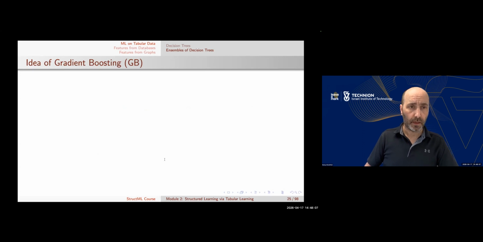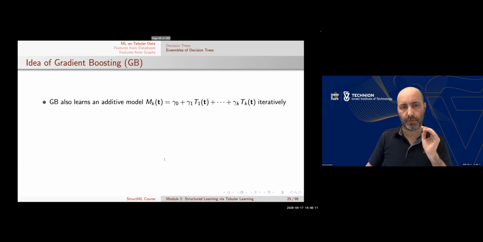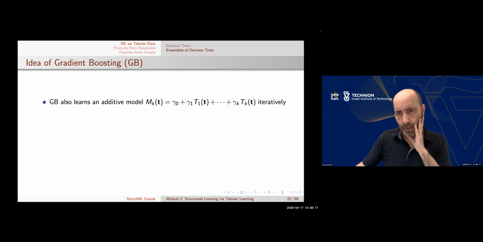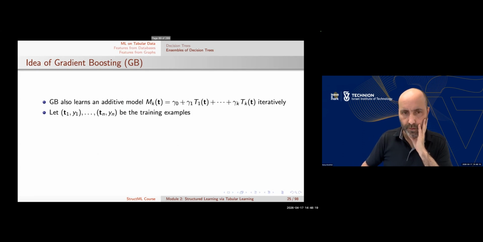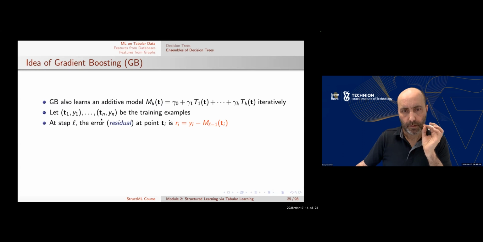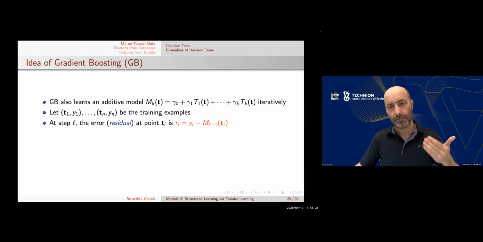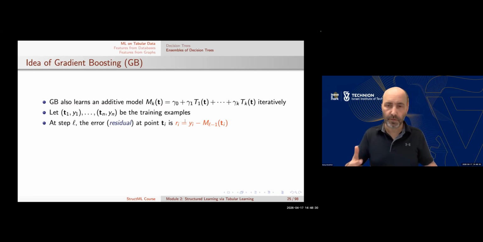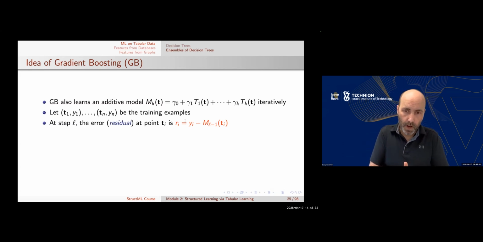Let's look at gradient boosting and think of the following idea first. We learn again an additive model like previously, and notice that every time we learn a model, it adds to the previous model, M_(L-1), the decisions of the L-th decision tree.